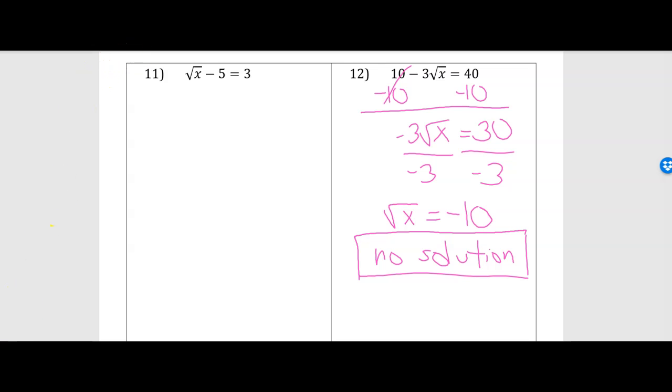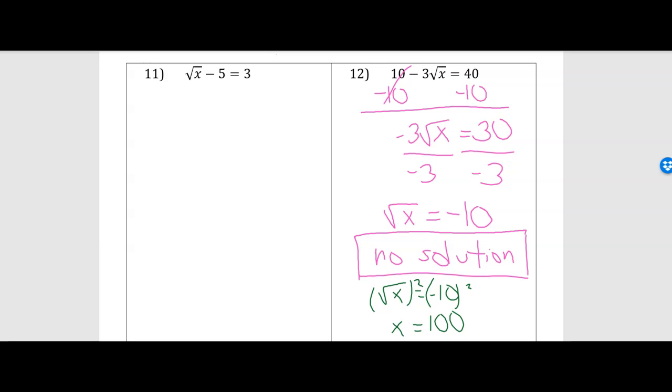Now you may think, well, wait a second, what if I kept going with my process? What if I squared both sides? Well, if you keep going and you square both sides, you're going to get x is equal to negative 10 squared, which is 100.